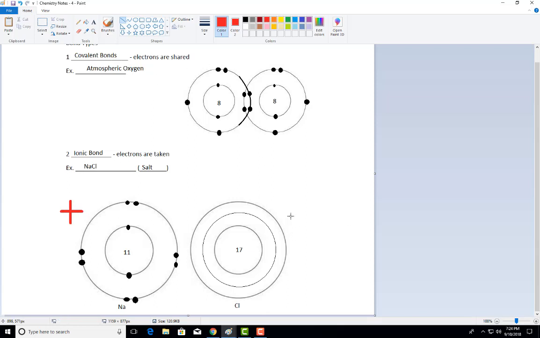Right? So what about our chlorine? Well, our chlorine, if you remember, ended up being negative. So where were our electrons in here?